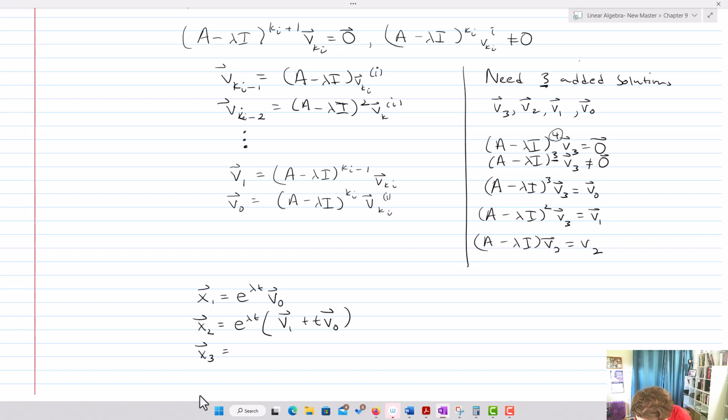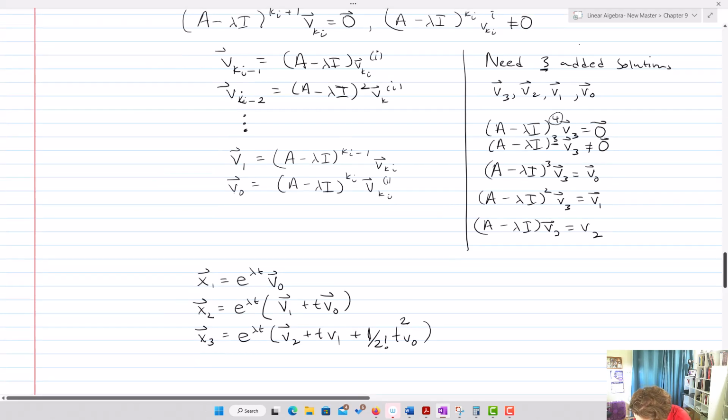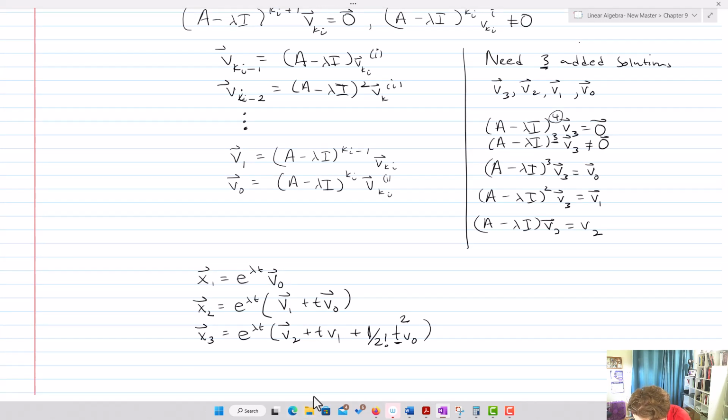X3 will equal e to the lambda t times (V2 plus t V1 plus 1 over 2 factorial t squared V0). So notice we're adding a power of t, and then we've also added in that factorial.